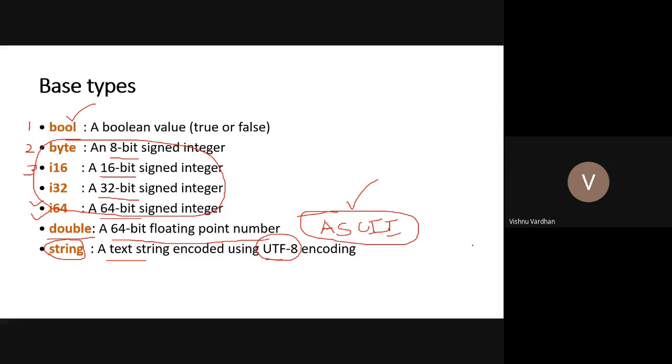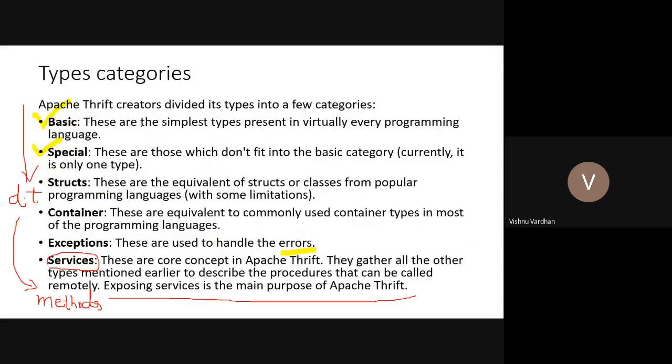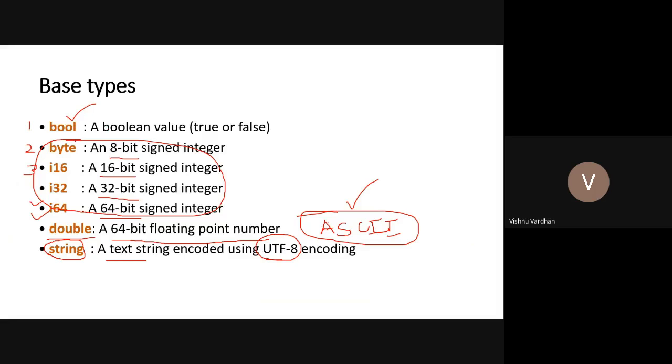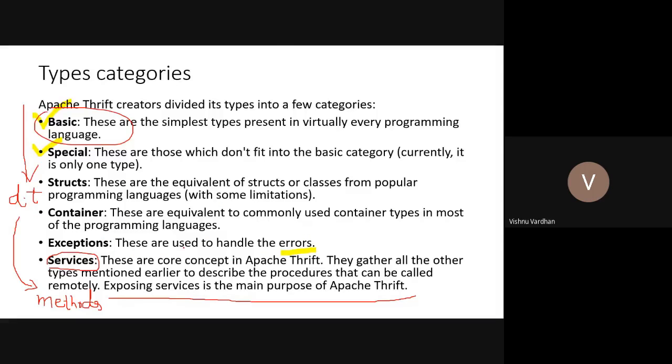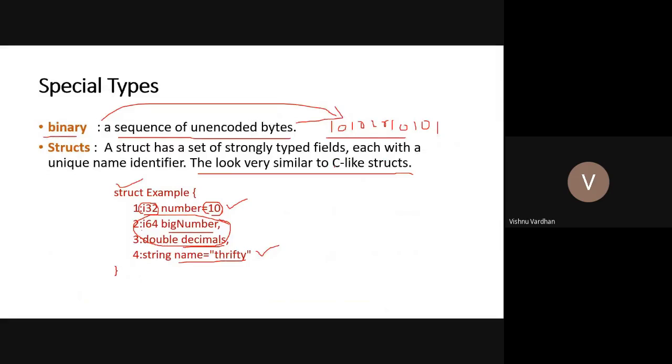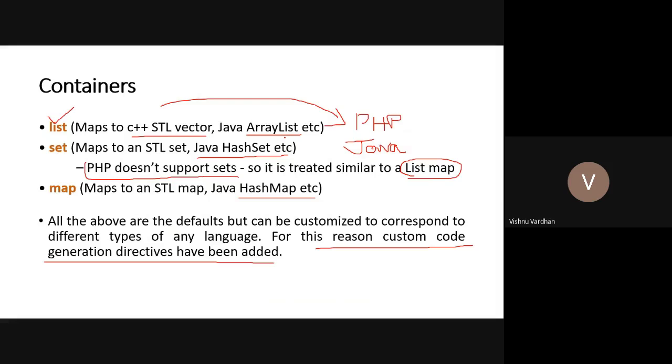So exclusively we have to know that some are base types. Okay, so the first slide is about these basic types which have boolean, byte, all these things. Second one is special types. So special types are some that do not fall into the basic category, and they are binary as well as structs. And the third one is containers, that is list, set, map.